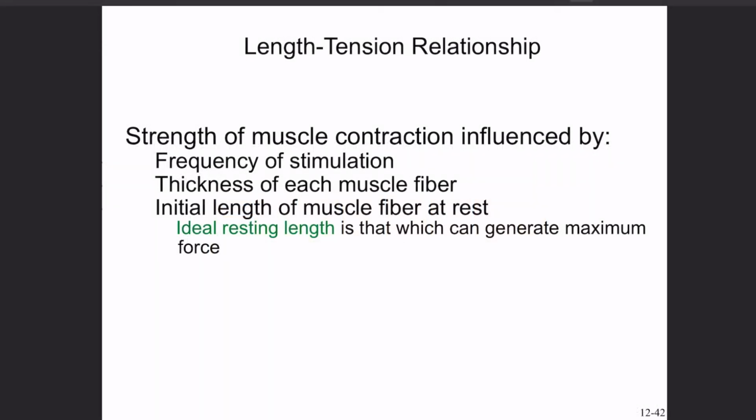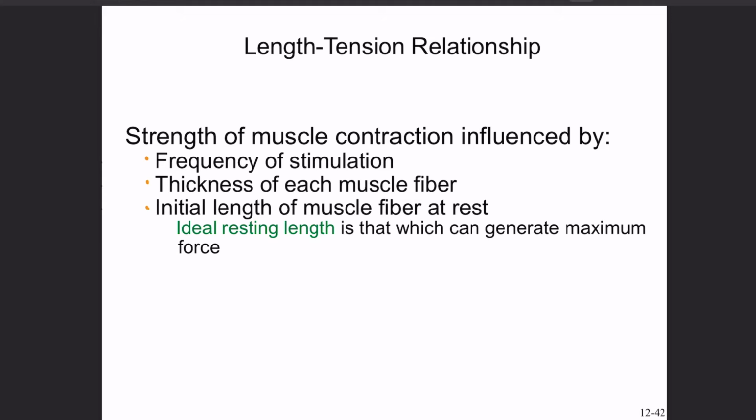The strength of a muscle contraction is influenced by a few things: how frequent action potentials are stimulating, the thickness of each muscle fiber, so how many myofilaments there are, and we'll talk more about that in a little bit, and then the initial length of muscle fiber at rest.